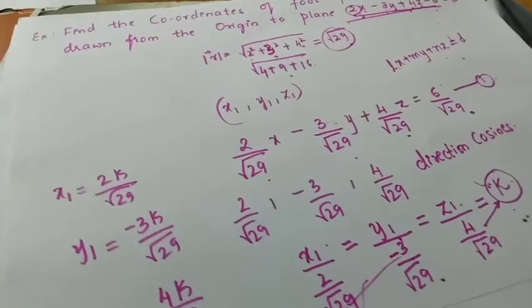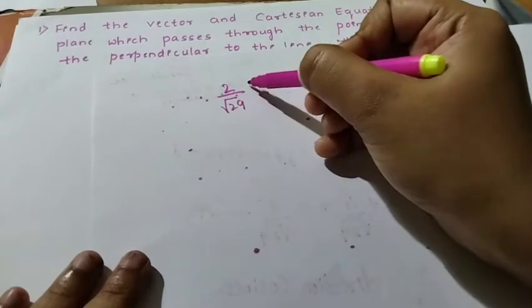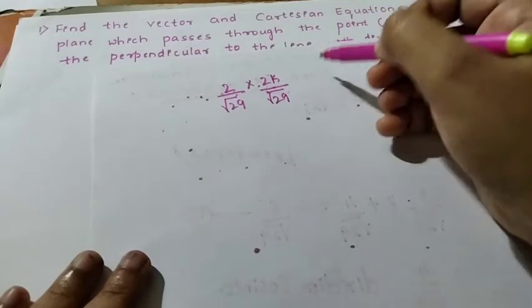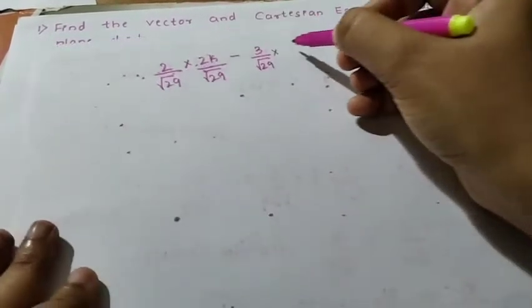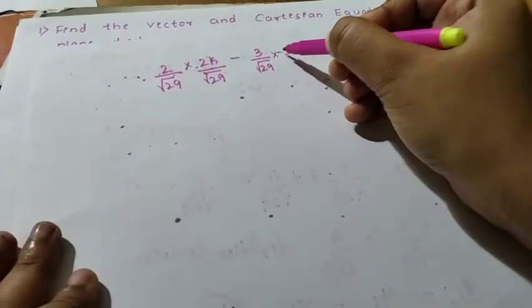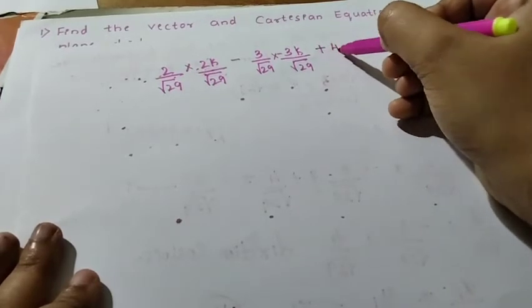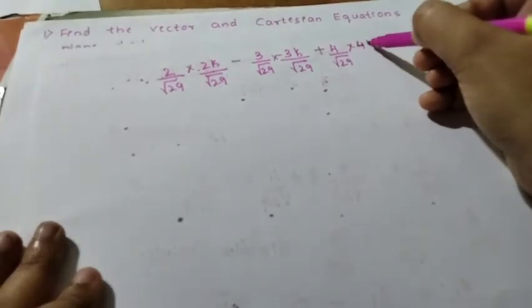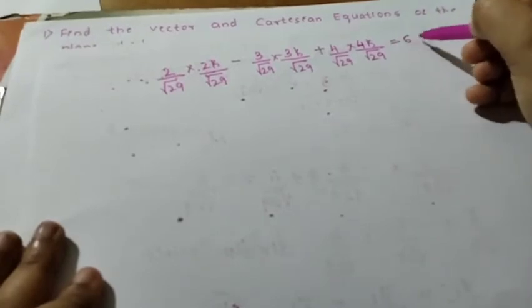So I substitute the points x1, y1, z1. 2 by root 29 into the value of x1, 2k divided by root 29, minus 3 by root 29 into minus 3k divided by root 29, plus 4 by root 29 into 4k divided by root 29 is equal to 6.